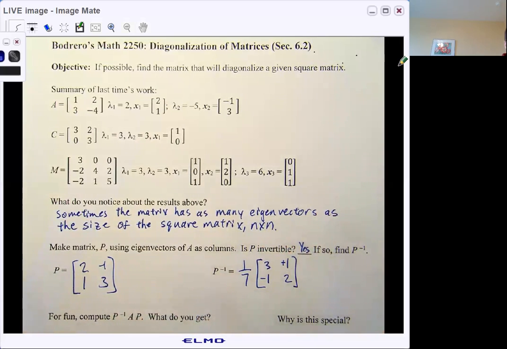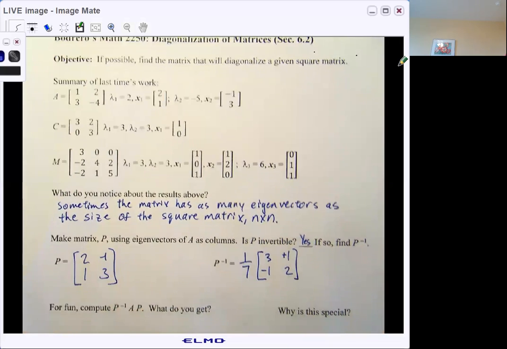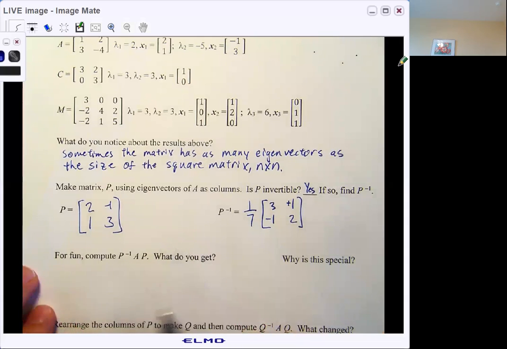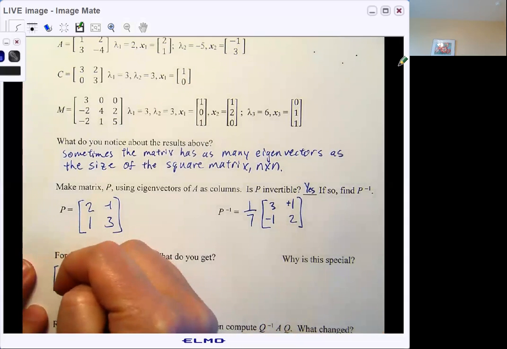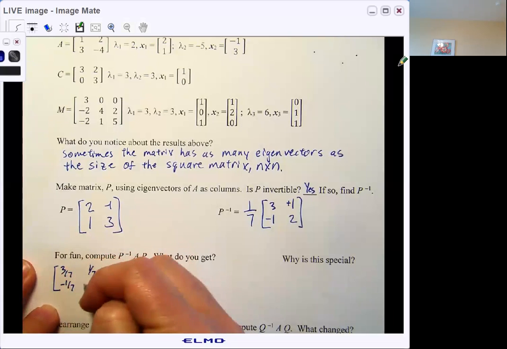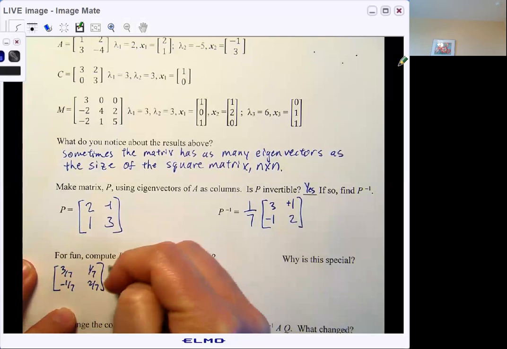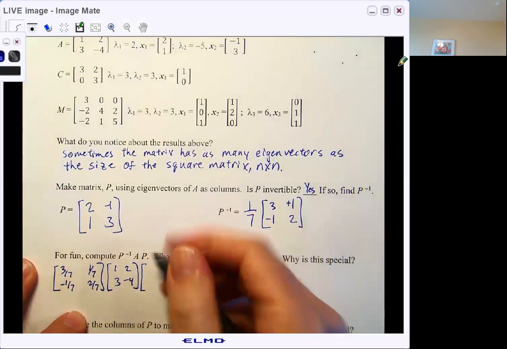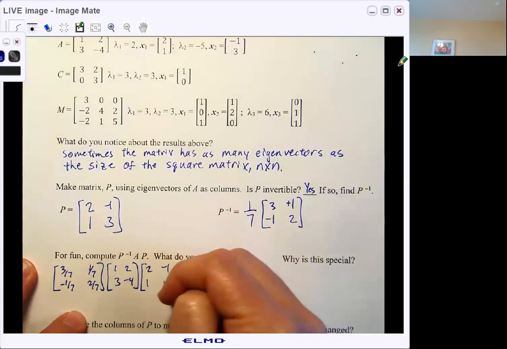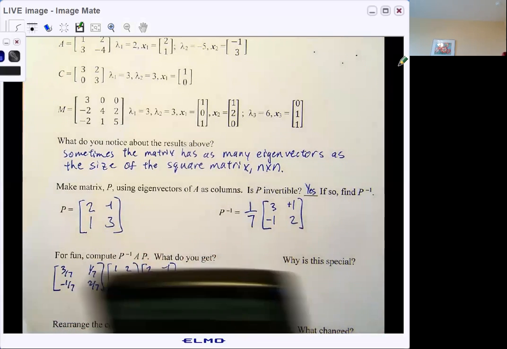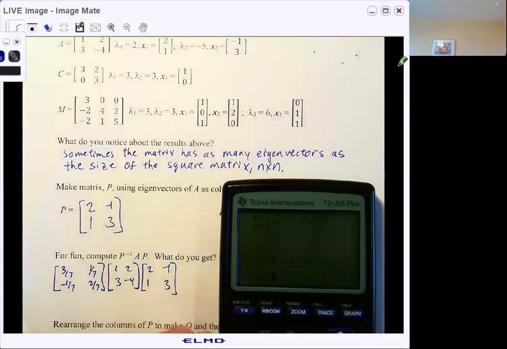So P inverse would be 1 over 7 times the matrix with the signs switched. Now, just for fun, I want you to do P inverse times A times P. In other words, 3/7, 1/7, -1/7, 2/7 times the A matrix of 1, 2, 3, -4, and the P matrix of 2, -1, 1, 3. I'm going to put this into my calculator.